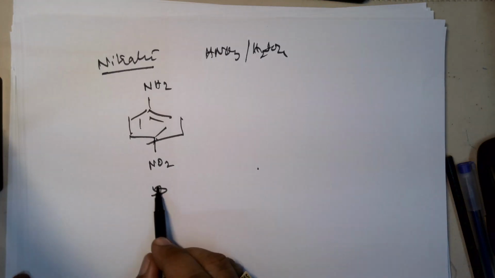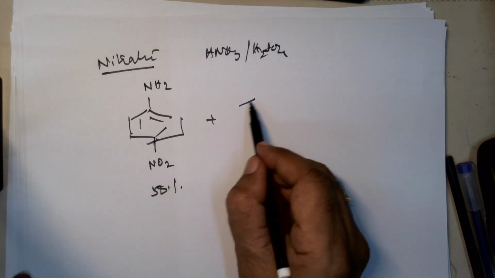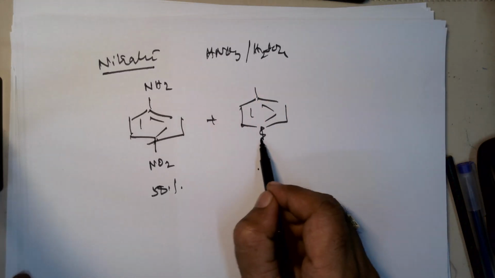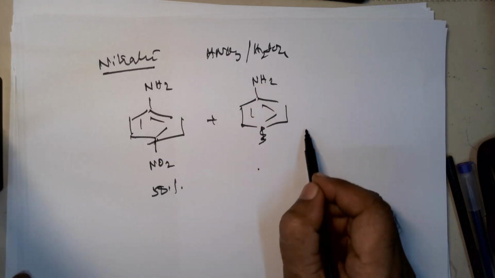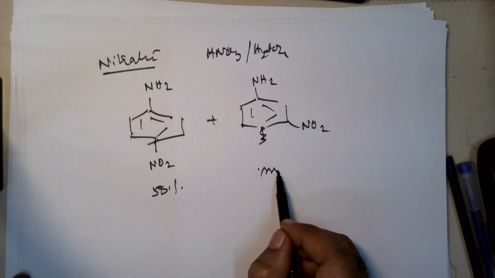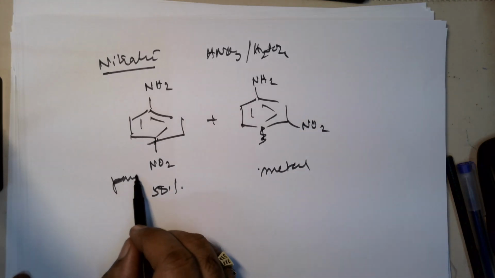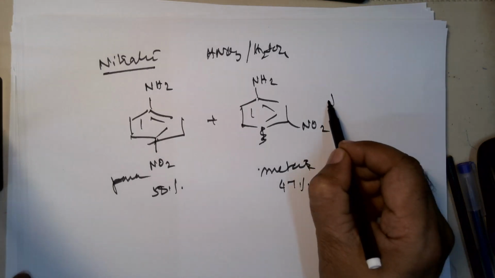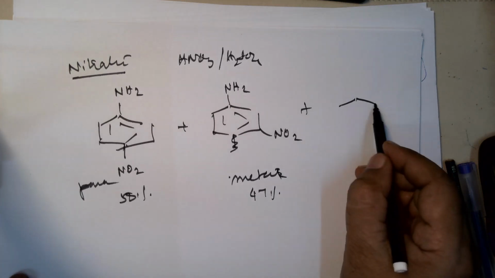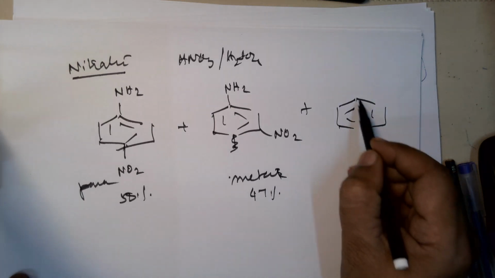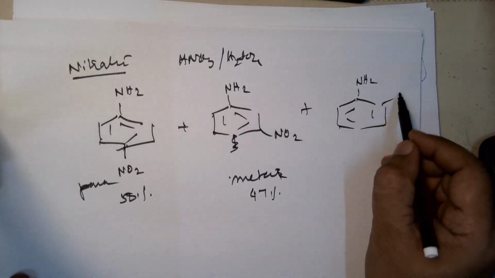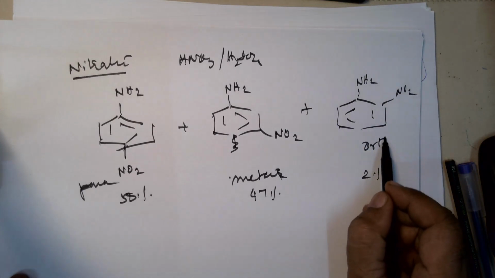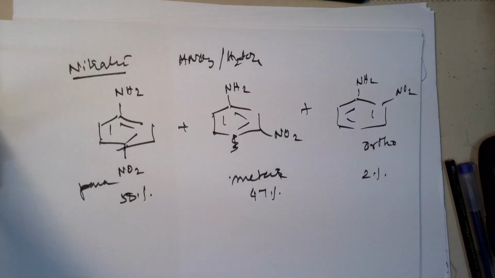You are able to get 50% of para, and meta is also available here. In meta you have almost 47%, but ortho is less, around 2% only. So mention this. This is very important.